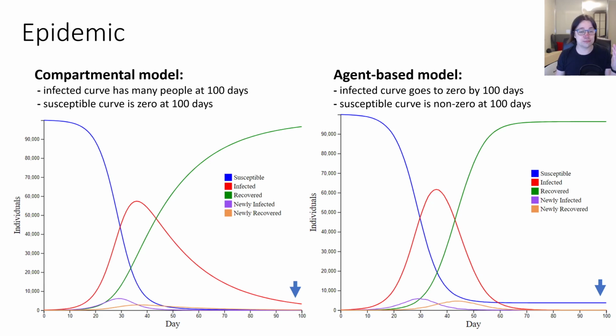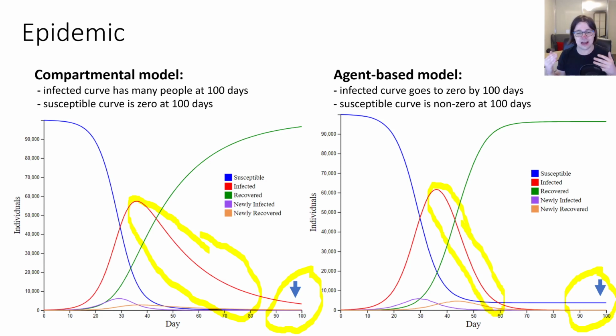The compartmental model here has very few susceptible people, but here the agent-based model actually has a few susceptible people left over.